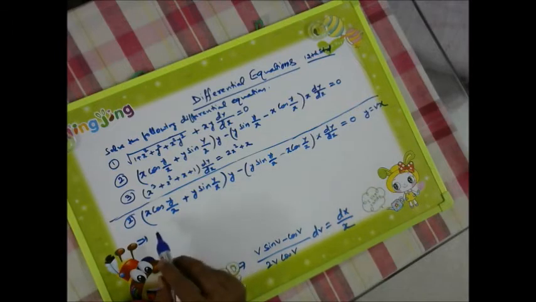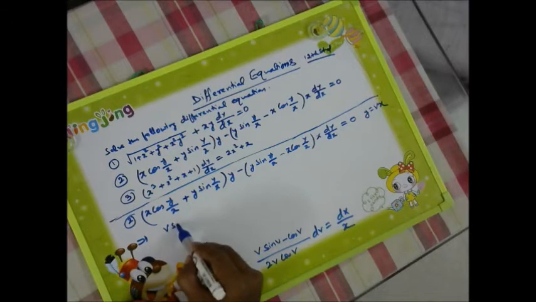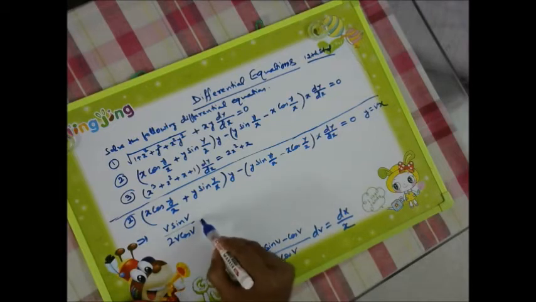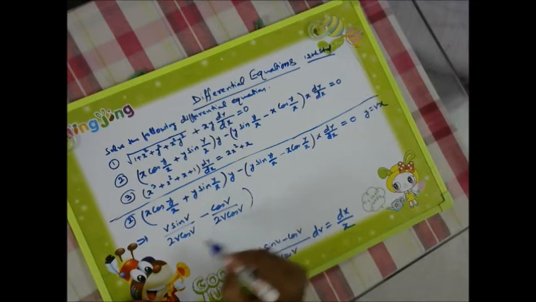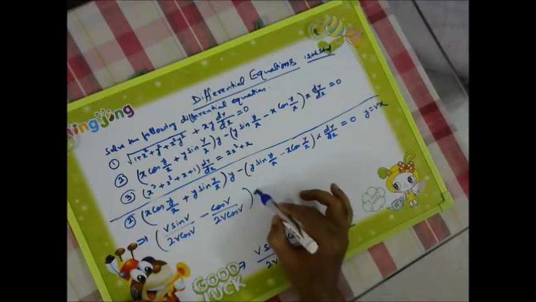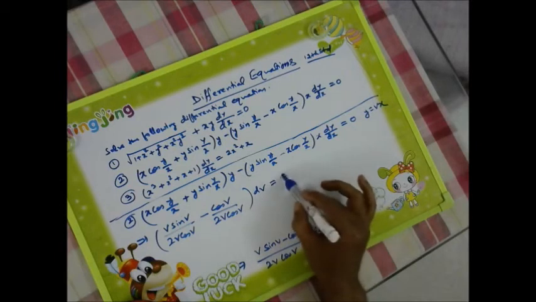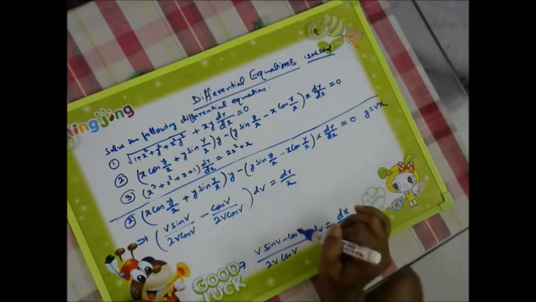Okay, so now v sin v divided by 2v cos v minus cos v divided by 2v cos v, we can write LHS side, and dv is equal to dx by x.